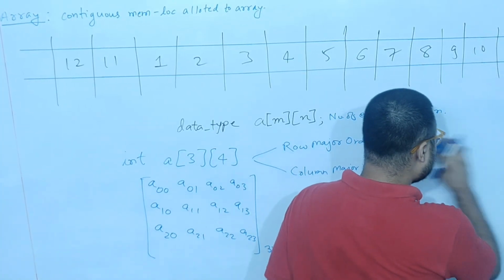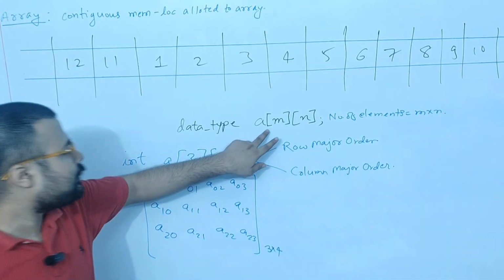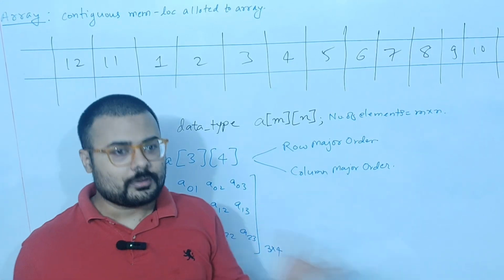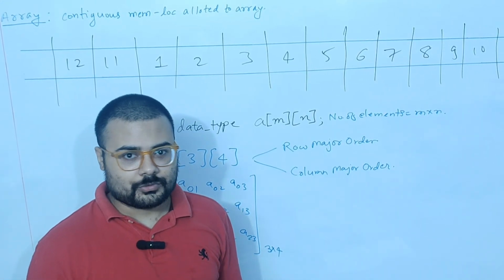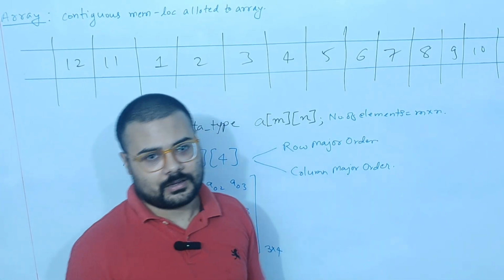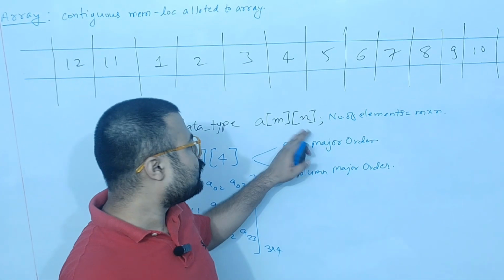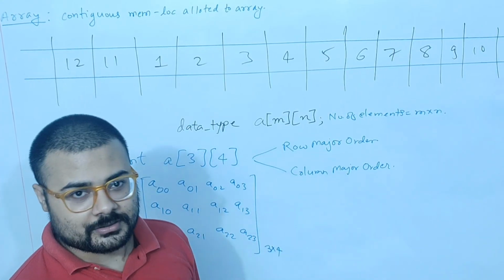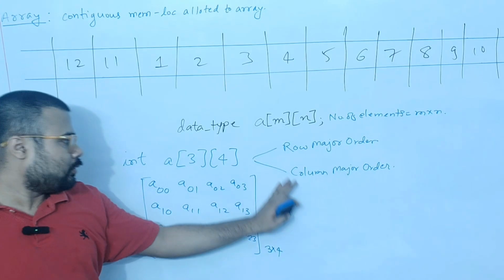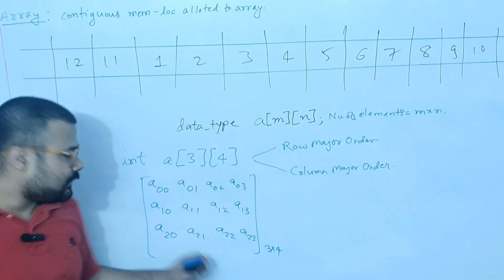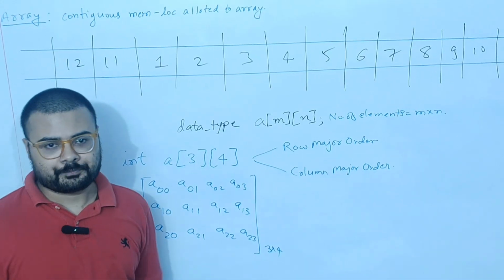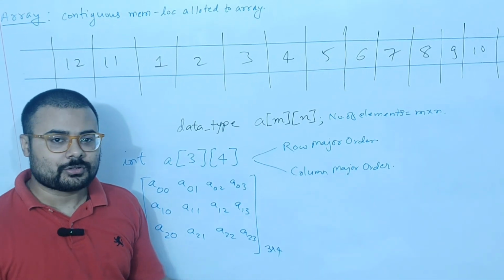Similarly, in the case of 2D arrays, how can you look at that array? You can access any element, but how are the elements indexed? You can look at 2D arrays as a matrix, and by the indexes you get the element.